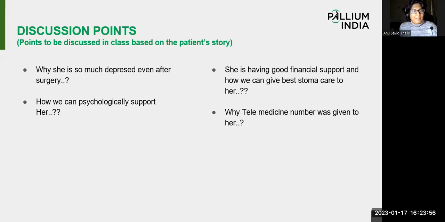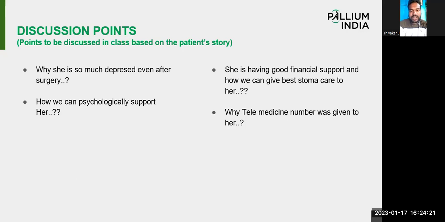I encourage everybody to use the chat box if there is a problem in unmuting yourself. Okay, ma'am. Her main concern is that both of her sons are in the US and no close relatives are there to care for her.